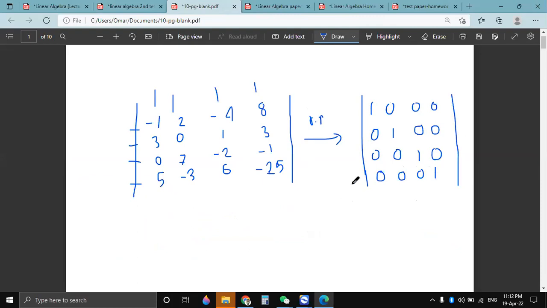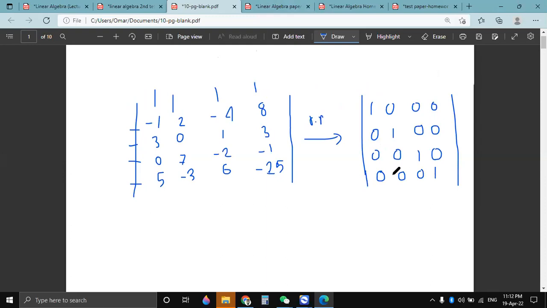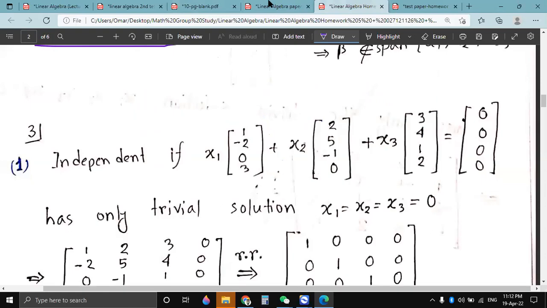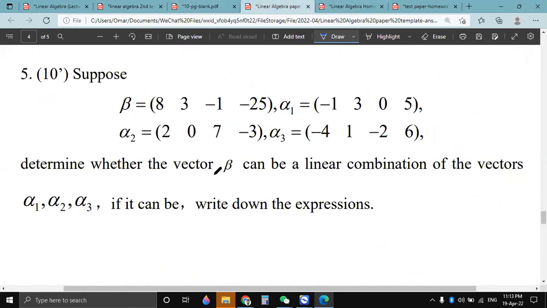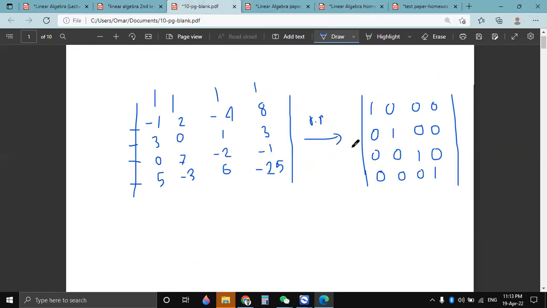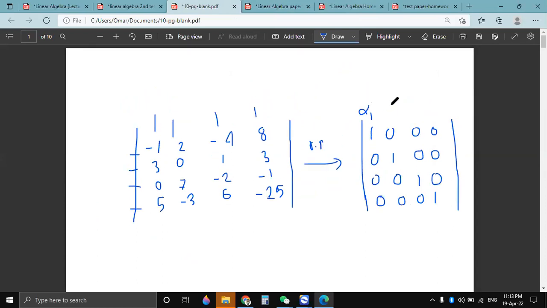Okay. And now, our question is whether the vector beta can be a linear combination of the vectors alpha 1, alpha 2, and alpha 3. So if you see here, we have alpha 1 here, alpha 2 here, alpha 3 here, and beta here, right?